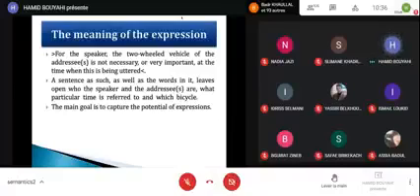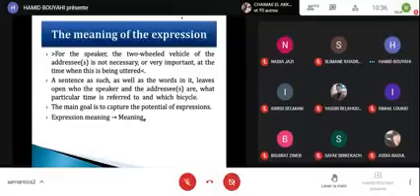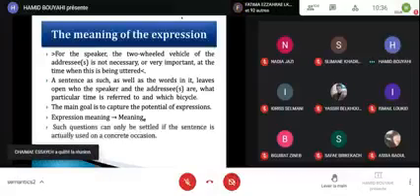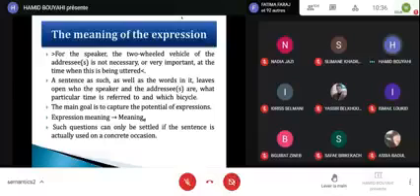Then we will see other elements that we will have to cover. So the expression meaning can be abbreviated in this way: meaning E, or the meaning of the expression. Such questions can only be settled if the sentence is actually used in concrete occasions.